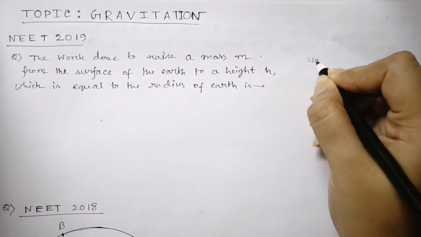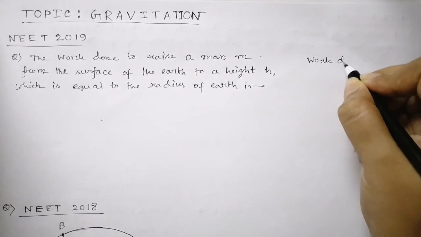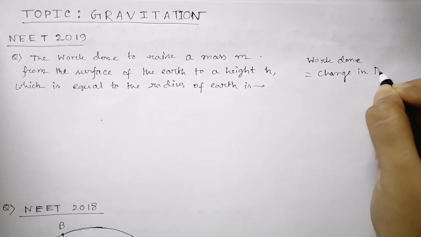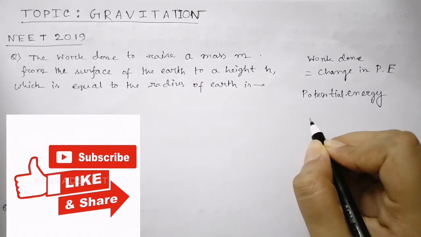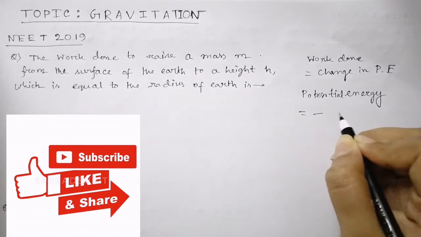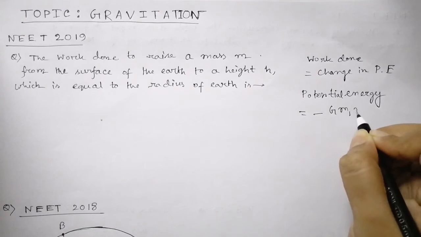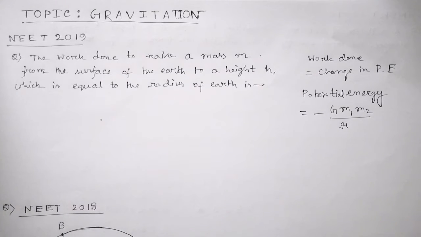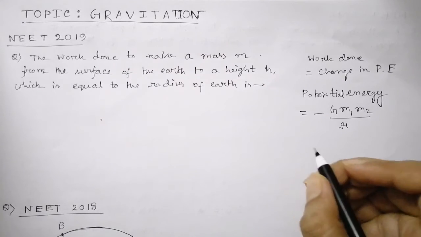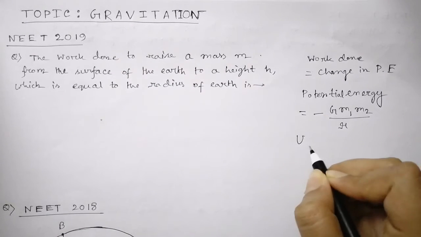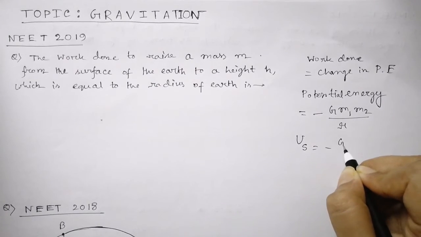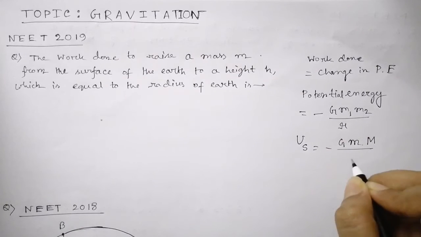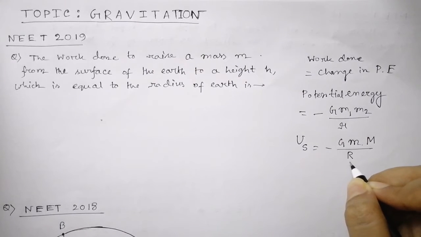So work done is equal to the change in potential energy. Now the potential energy formula was minus G m1 m2 divided by r. If the mass is at the earth's surface, then I can say U surface is equal to minus G M m, where the mass of the earth is capital M, divided by R, the radius of the earth.